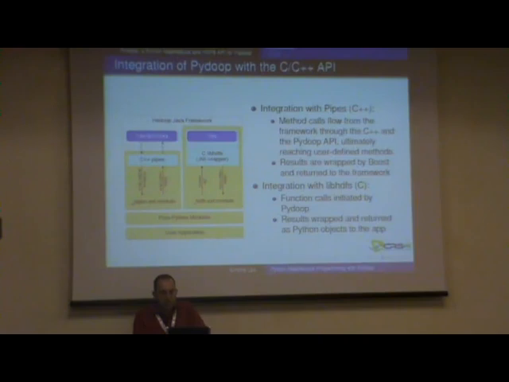Since Pipes seems to have most of the features we were looking for, we implemented Pydoop by writing Python extensions for the C++ Pipes and libHDFS modules. libHDFS is a C API, which is also included in Hadoop and allows HDFS access from C. Differently from Pipes, libHDFS is implemented as a JNI wrapper for the Java HDFS API.